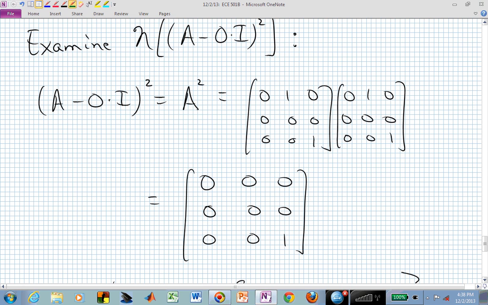That's what I'm going to try to write down now or talk about. I can now look at A minus lambda sub 1 I raised to the third power to find all my generalized eigenvectors.